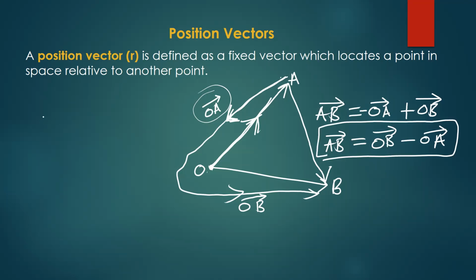If you have been given to find the vector AD coming from the origin O, what you're going to do is say OD minus OA. This is what it means. So you start with the end letter, then subtract the starting letter.